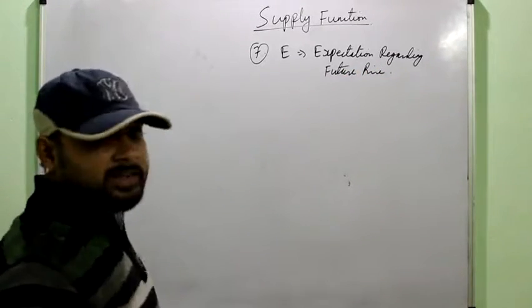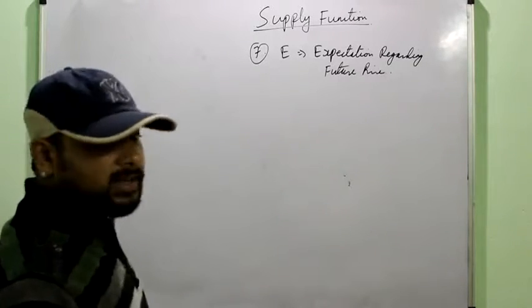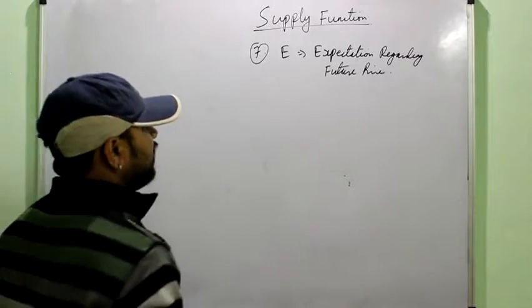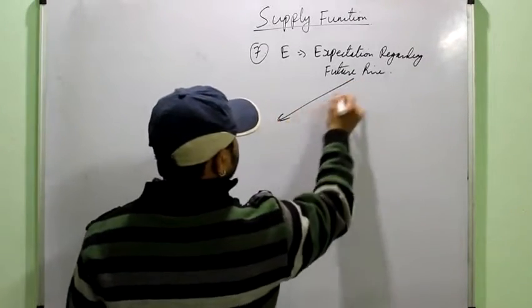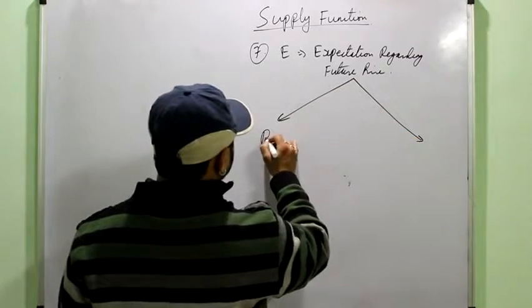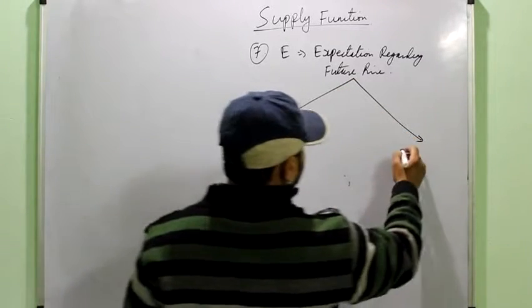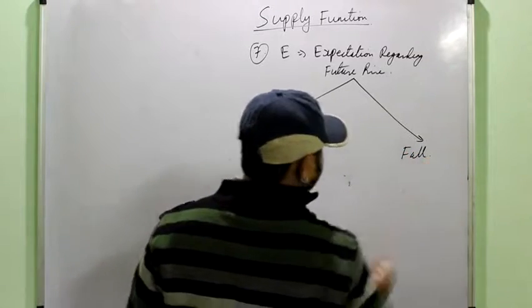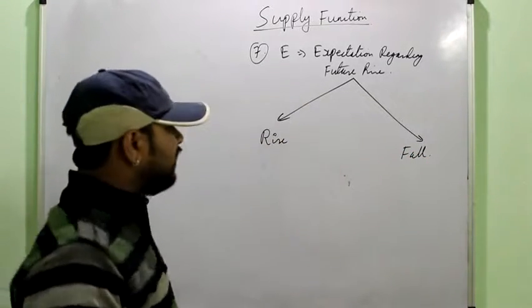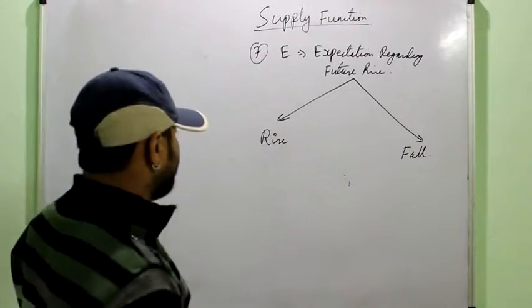This means what a seller, what a producer, expects regarding the price of the commodity in the near future. So you can have two expectations. One, that there would be a rise in the prices of the commodity in the near future, and second, that there would be a fall in the price of the commodities in the near future.